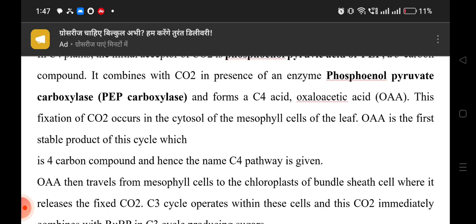This oxaloacetate moves from one chloroplast to another, from the mesophyll cells to the bundle sheath cells. In the bundle sheath cells the oxaloacetate undergoes decarboxylation. It releases one carbon dioxide, and that released carbon dioxide is used in the C3 cycle for its requirement of CO2.